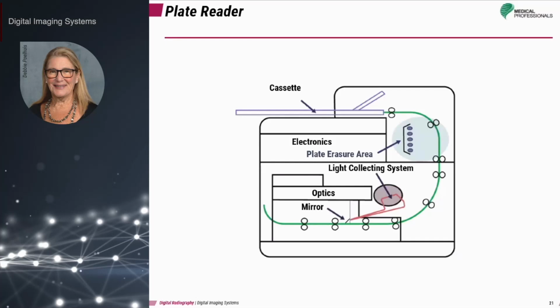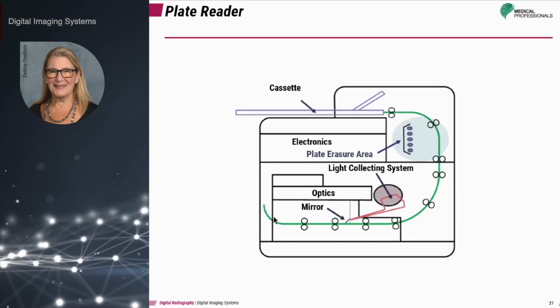The photodetector is used to sense the light that's released from the plate during the scanning. And the ADC receives the light and converts it into an electric signal.